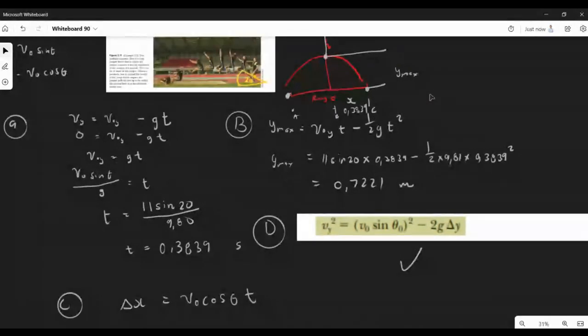We know maximum height is at 0.3839. How long will it take him to get to A? I'll wait on you guys. Yes, Akani, I agree, but why? Where do you get that value from and why?